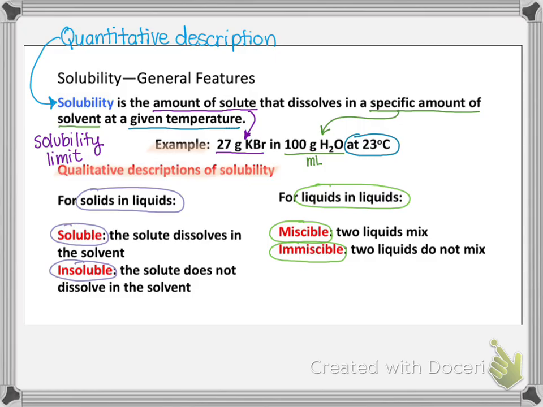If your liquid dissolves in the liquid solvent, it would be miscible. If the liquid does not mix, it would be immiscible. So in lab, we'll be using those qualitative descriptions.